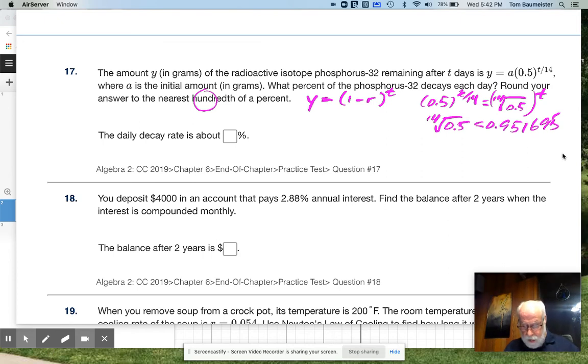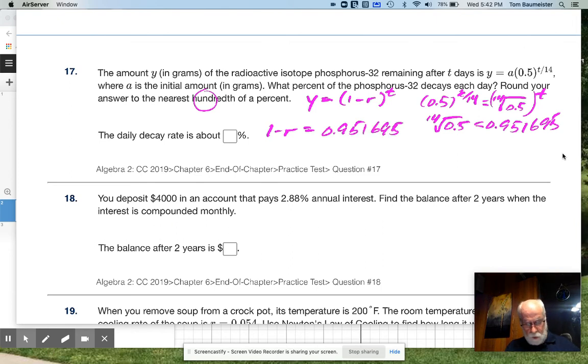But if I take that, now remember, my 1 minus R, that's my rate. The R is my percent that I'm going to have to find, right? 1 minus R is equal to 0.951695.